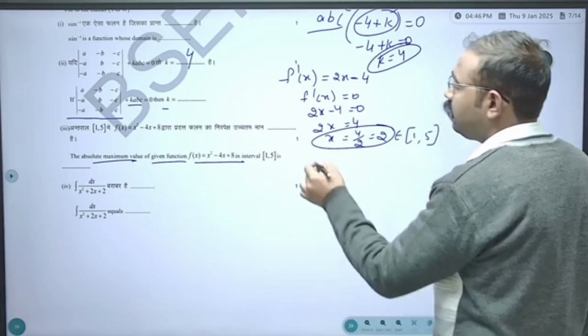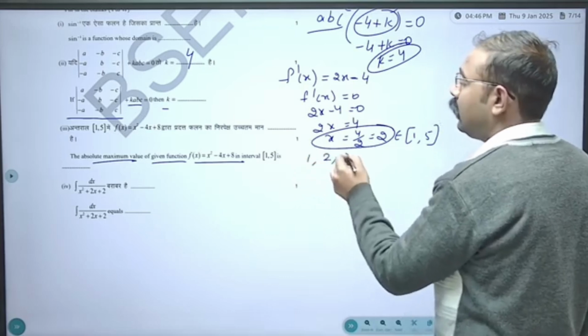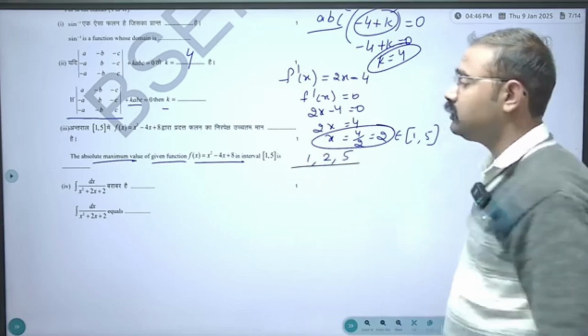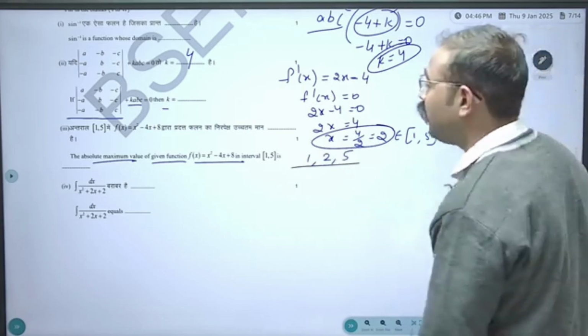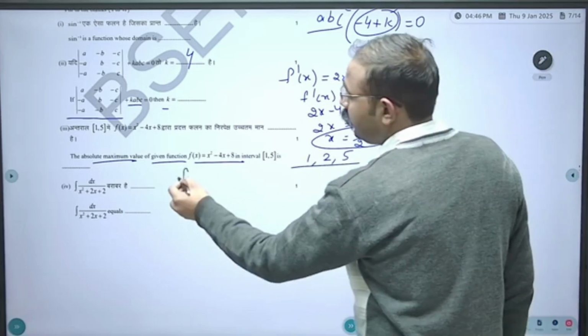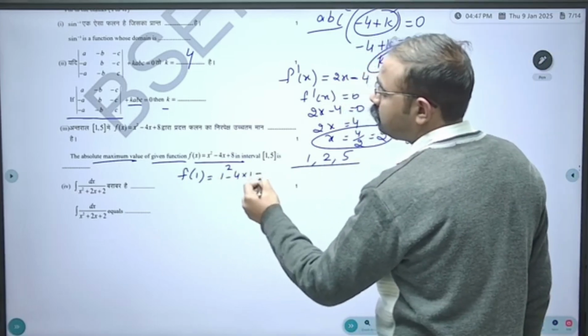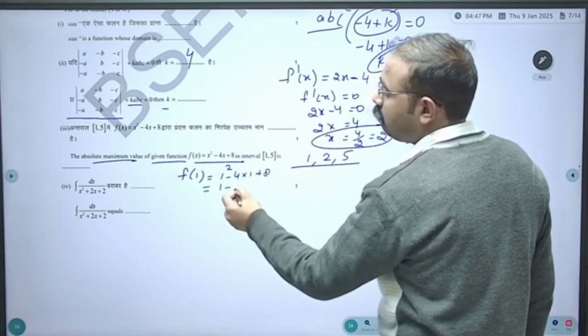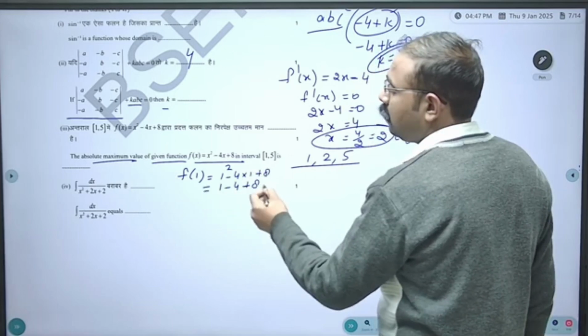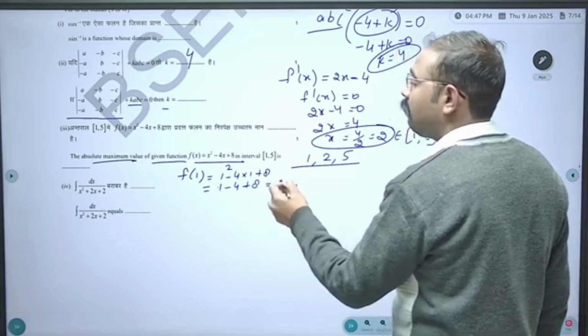Now we have 3 points 1, 2 and 5, and at all these 3 points we will check the value of our function. Firstly f1: 1 square minus 4 into 1 plus 8, 1 minus 4 plus 8, 9 minus 4, 5.